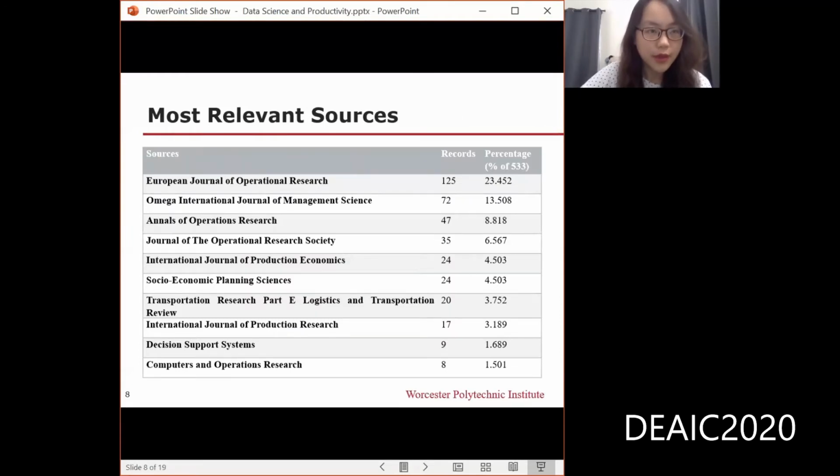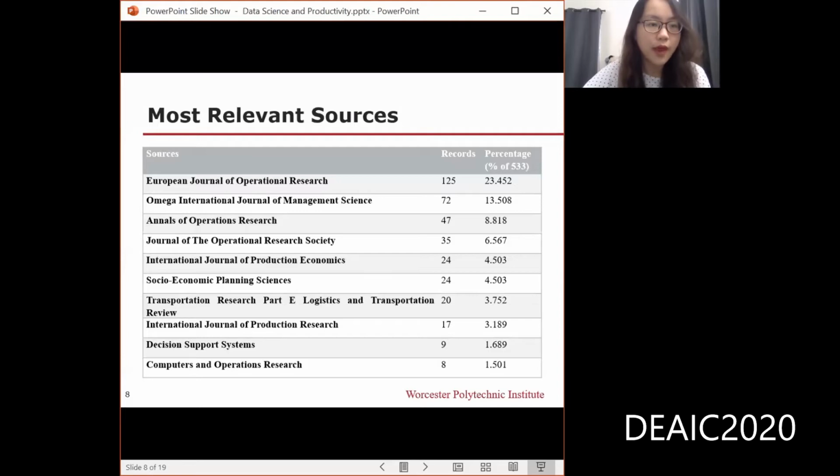In this table, we have some of the most relevant sources. These sources were determined according to how many papers they published. The first one on the list is European Journal of Operational Research, which published 125, followed by Omega, the International Journal of Management Science, which published 72 articles.